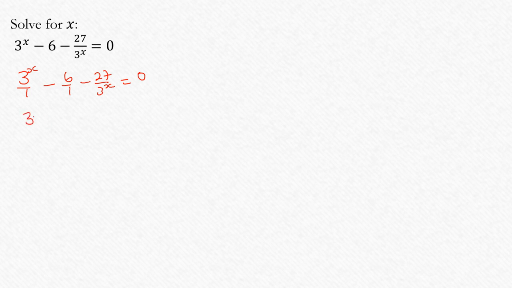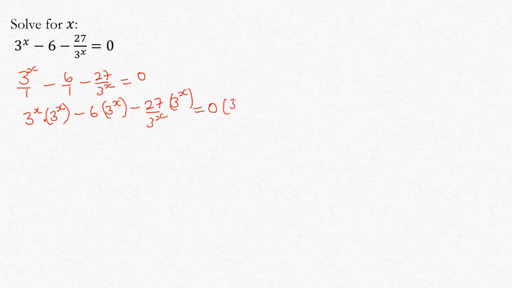So it becomes 3 to the power x times 3 to the power x. Let me just use brackets. And then minus 6, and then times 3 to the power x, minus 27 over 3 to the power x times 3 to the power x is equal to 0 times 3 to the power x. So you're multiplying everything, even on the right hand side. And then 3 to the power x divided by 3 to the power x here is 1.